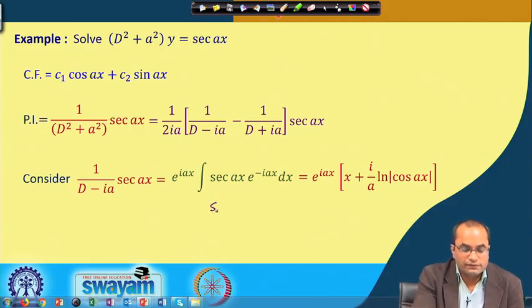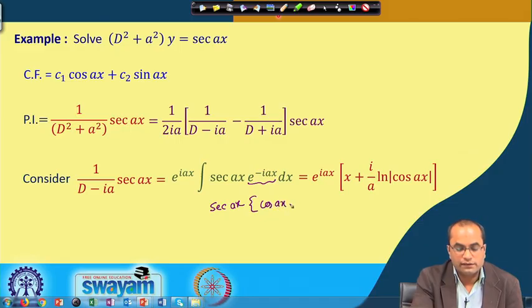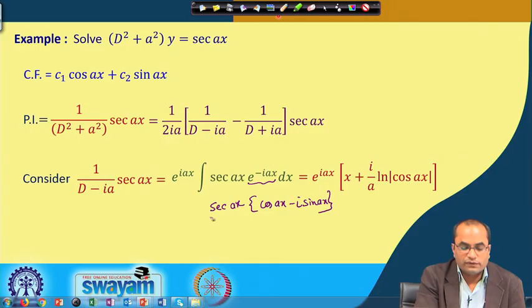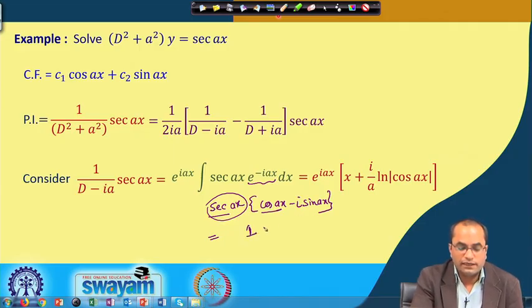So, here we have sec ax and this e power iax, which we can write as cos ax minus i sin ax. When we multiply with sec ax, this will be 1 over cos ax. So, this will give 1 there, and then we have minus i, and we have sin ax divided by cos ax.